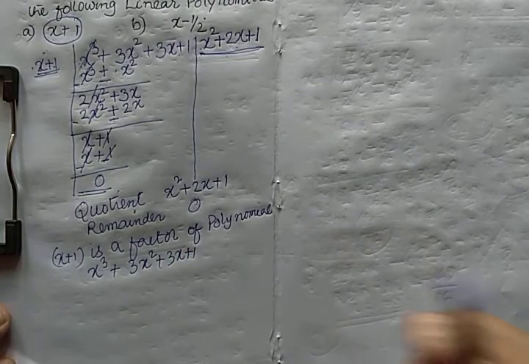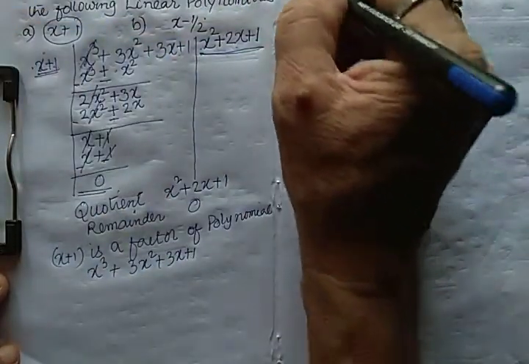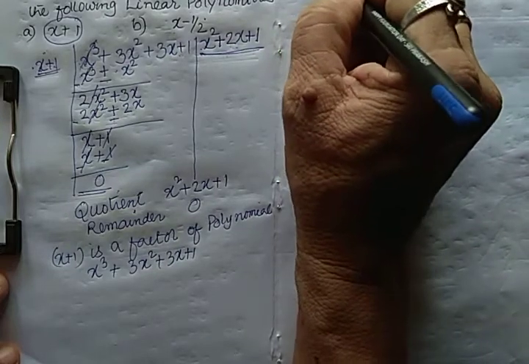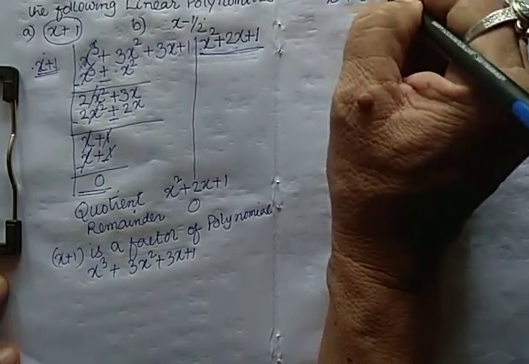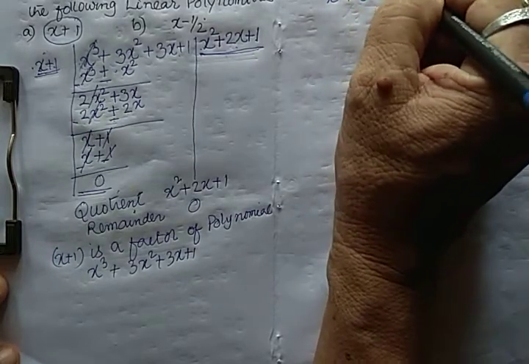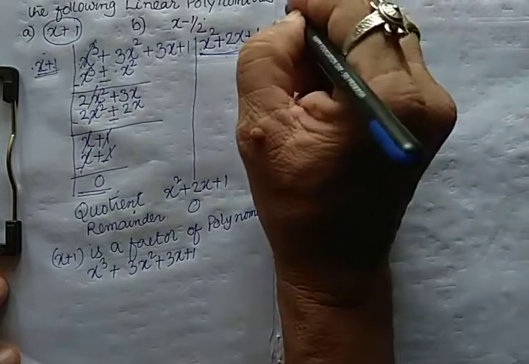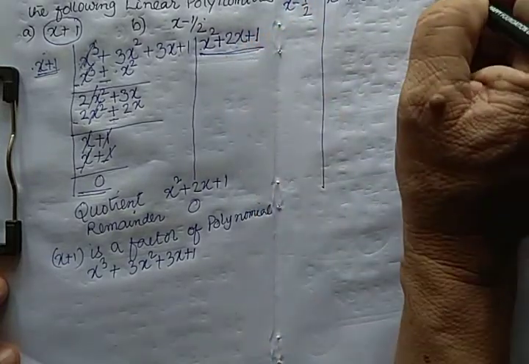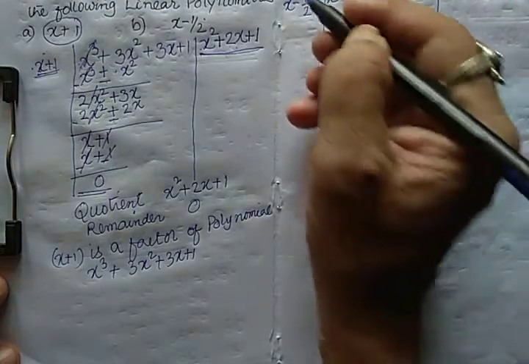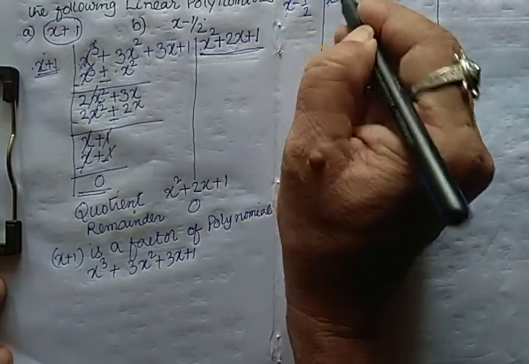Understood? Now let us divide by x minus 1 by 2. So let us take this polynomial here, x cube plus 3x square plus 3x plus 1. And here let us take x minus 1 by 2. Same thing. By multiplying x by what term do you get x cube?